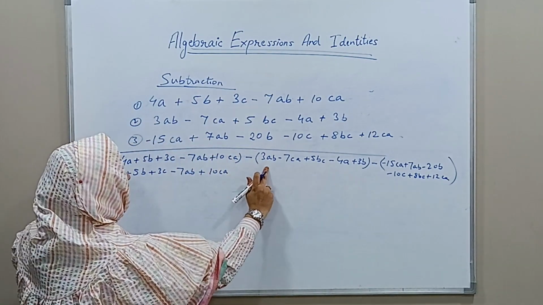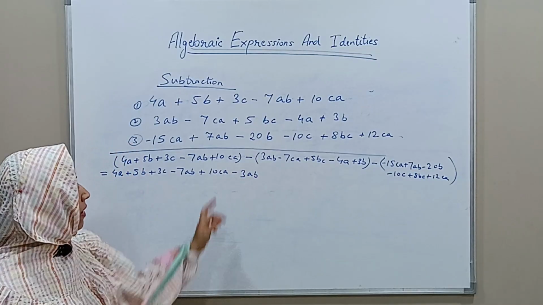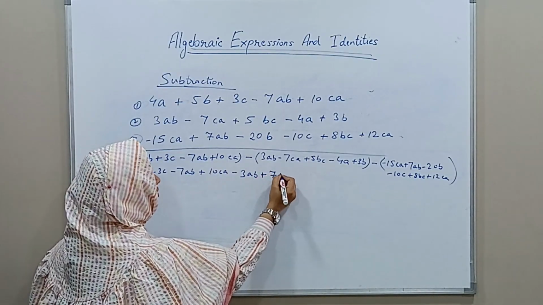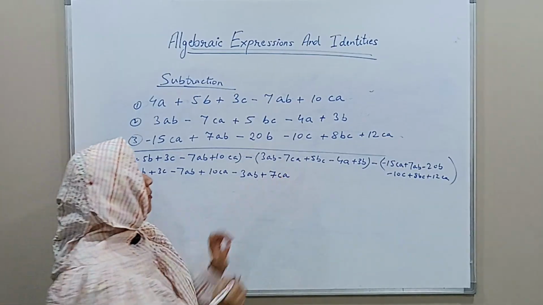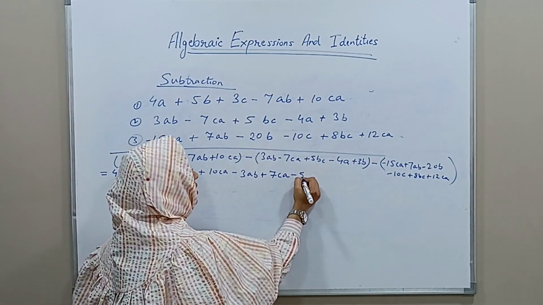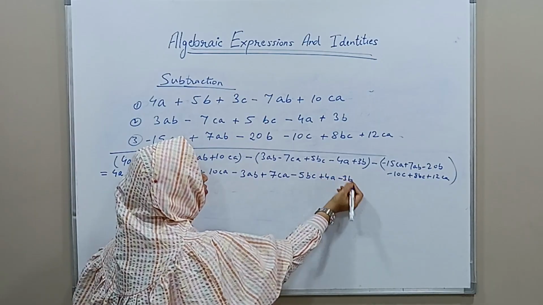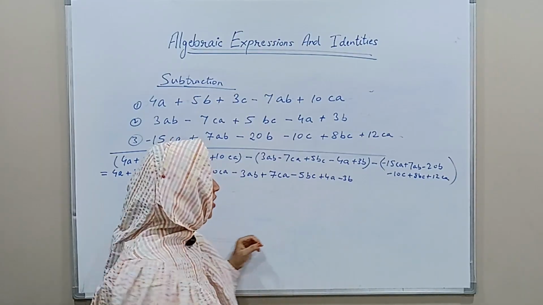So plus 3ab will become minus 3ab. To understand clearly, we say minus into plus is minus. Minus 7ca will become plus 7ca, since minus into minus is plus. Plus 5bc will become minus 5bc, plus 4a, minus 3b. So the sign of all the terms inside the bracket changes.